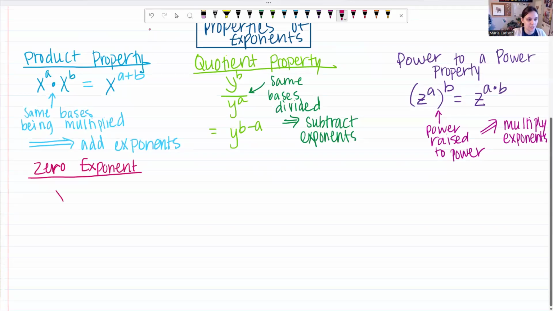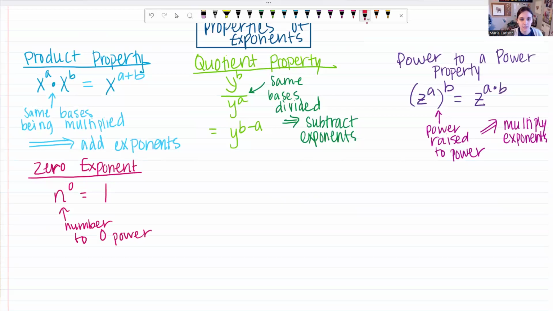It is an exponent that is zero. So x to the 0 power, or any number raised to the 0 power, is just 1. So this is a number to the 0 power. Is just 1, any number, any term.